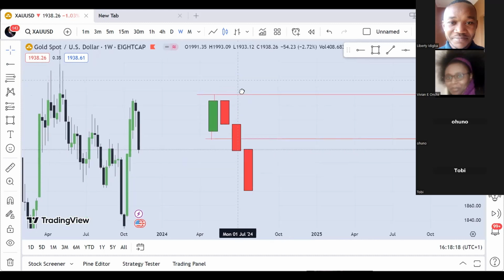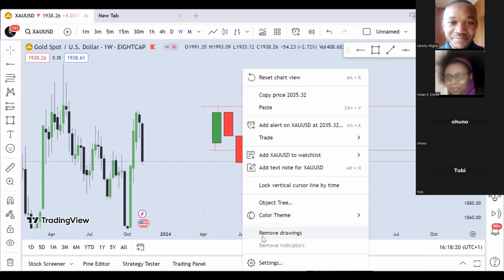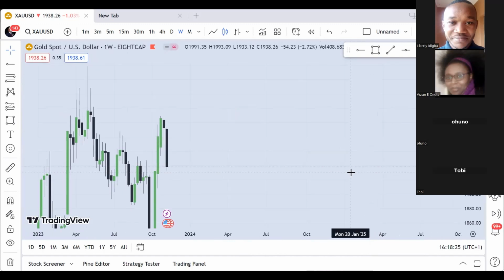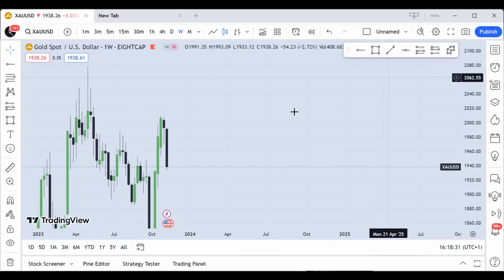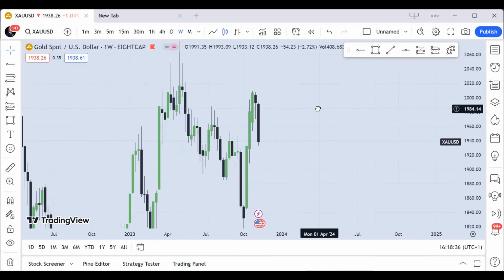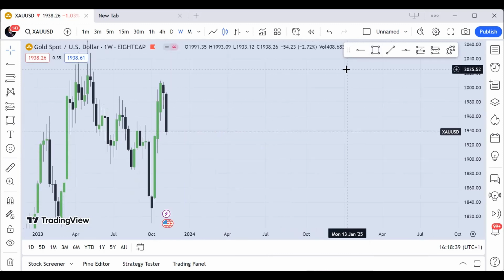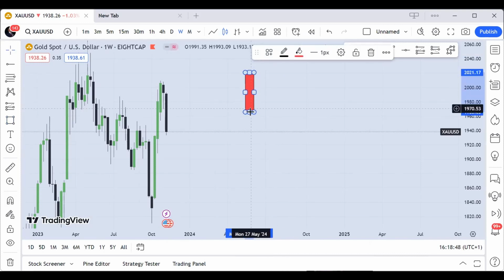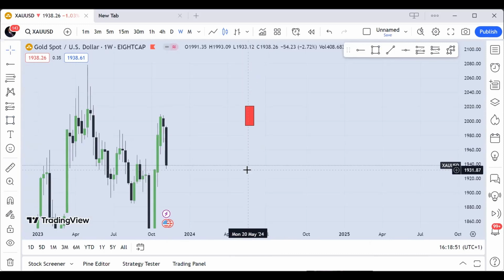So in the case of engulf fail, let me explain what an engulf fail means to us, because it's very important that we have that understanding. If you have something like this, let's say you have a bearish candle like this.